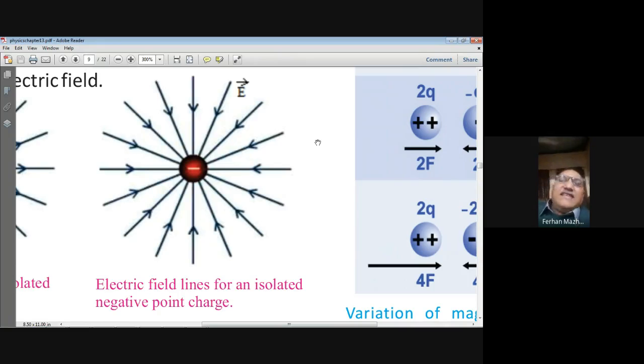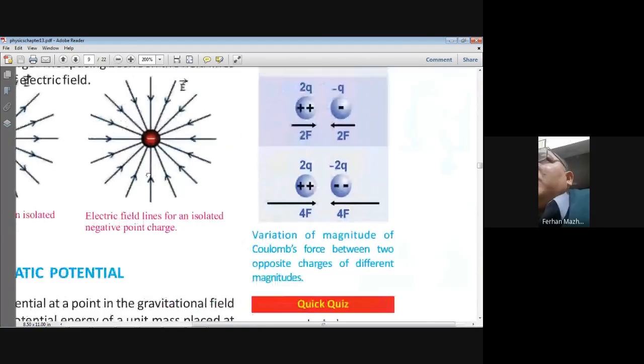So if you have a negative charge, they will be going into that negative charge. And if you have a positive charge, they will be coming out of that positive charge.